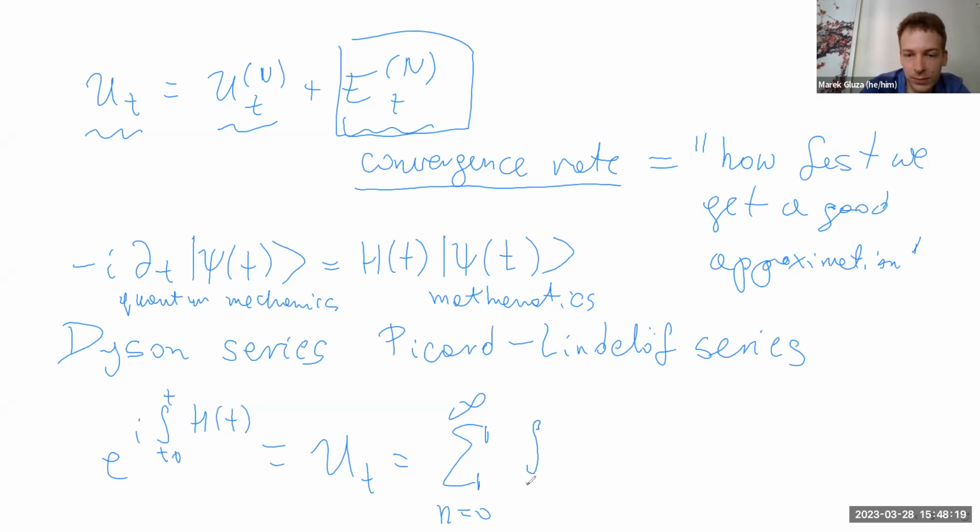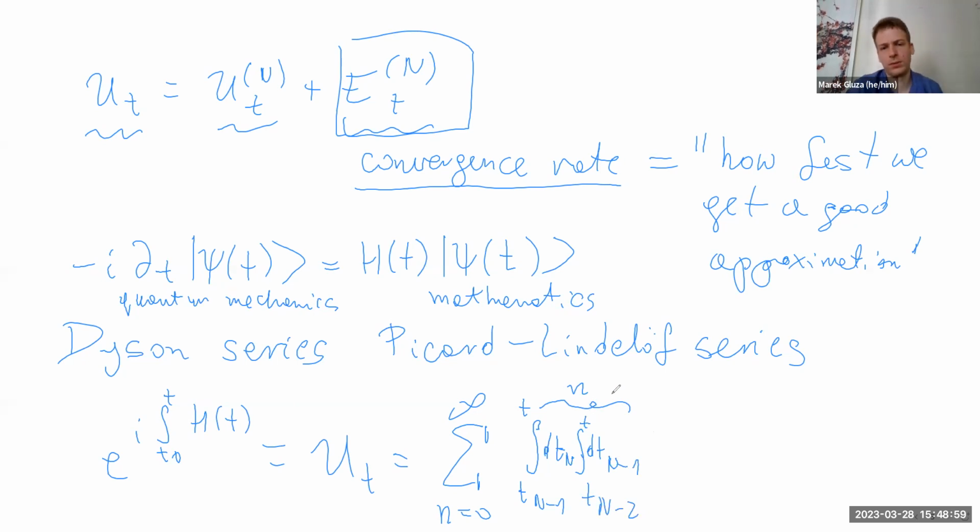So I will have the integral from, okay, maybe not t0 here. I will have n integrals, and those will be nested integrals. So the last one will go until t, and then I have n minus 1 for dt_n. And then I will have dt, so it will be an n-times nested integral, t_{n-1} and t_{n-2}.